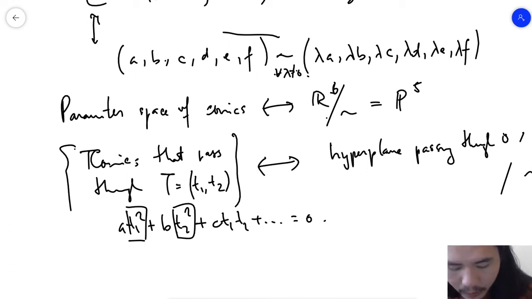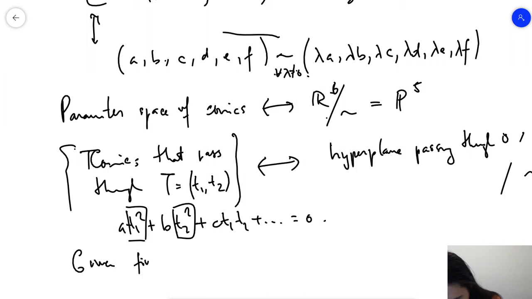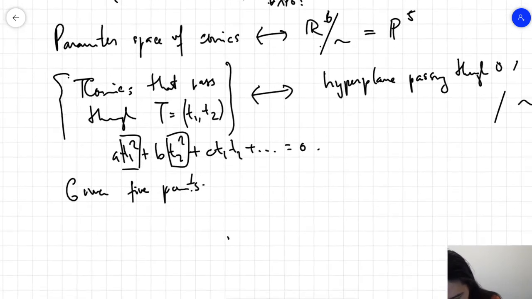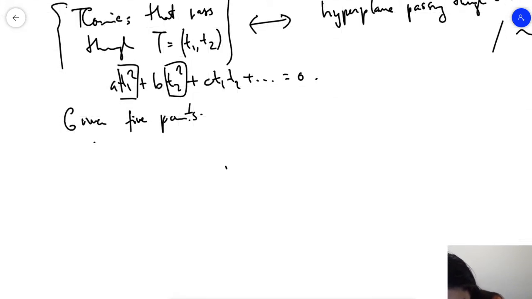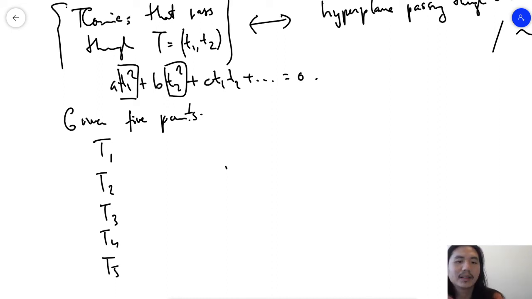Now, if I give you 5 points, what does it mean for a conic to be determined by those points? Given 5 points T1, T2, T3, T4, T5, does there exist a conic that passes through all of them?